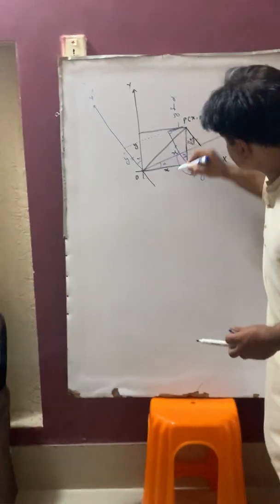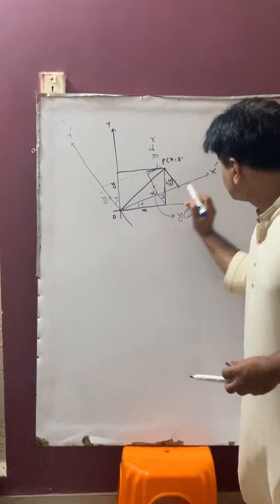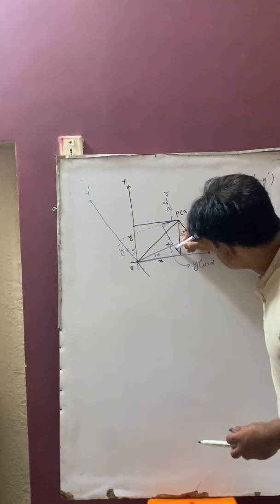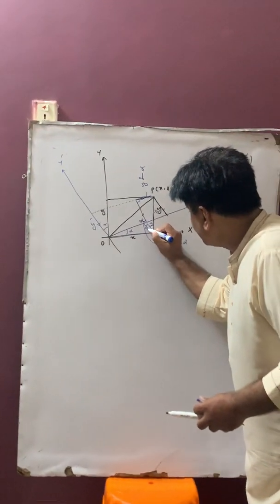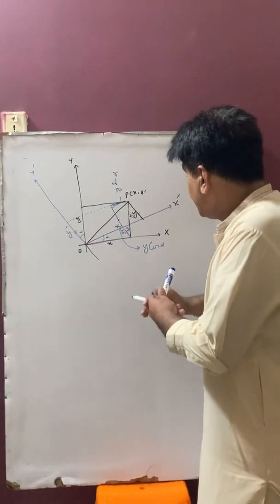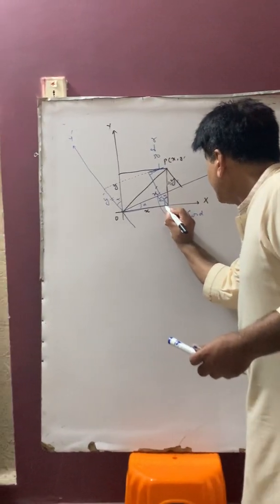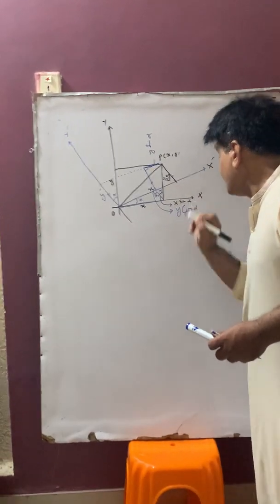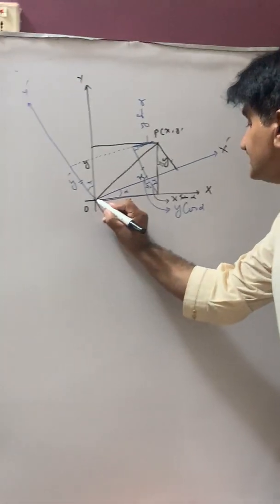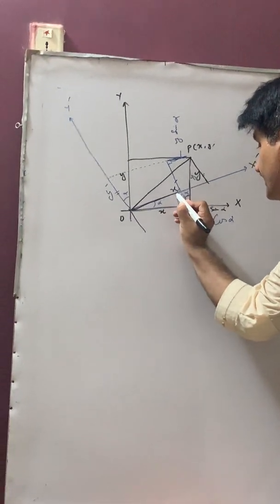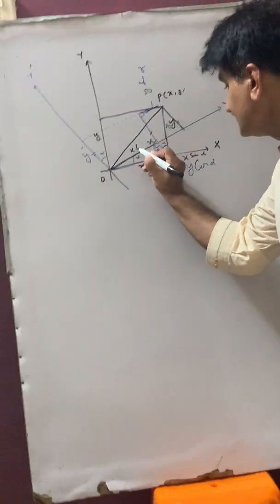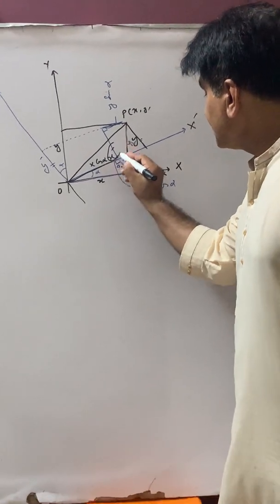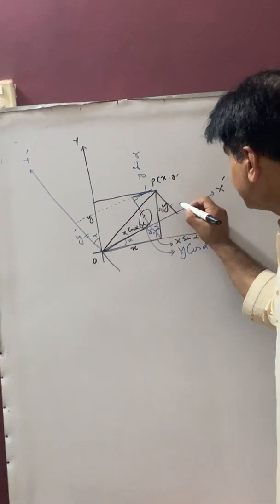This is x, and when we resolve this x along x prime and y prime, we will get these 2 components. Here it is also angle 90, this is perpendicular, and this perpendicular is in fact x sine of alpha. And the other component is this one from here to here, and it is x cos of alpha.